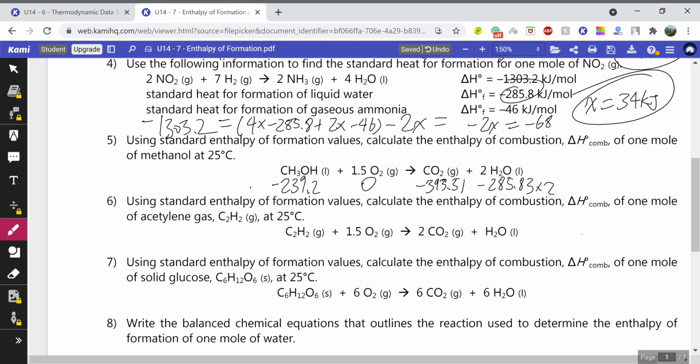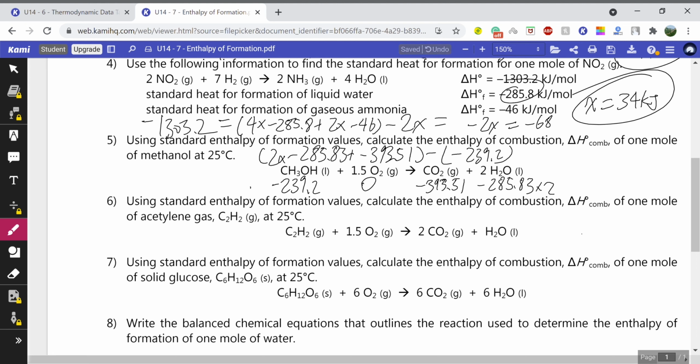Alright, so what do we have? 2 times negative 285.83 plus negative 393.51 minus the reactant, which is negative 239.2.